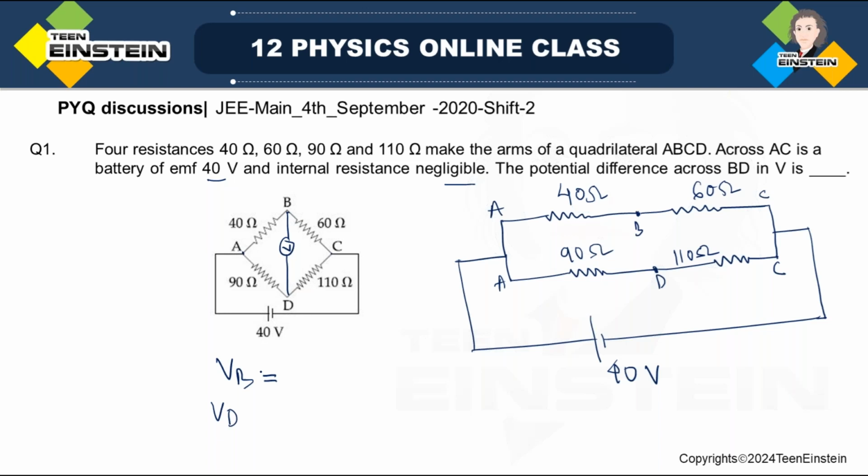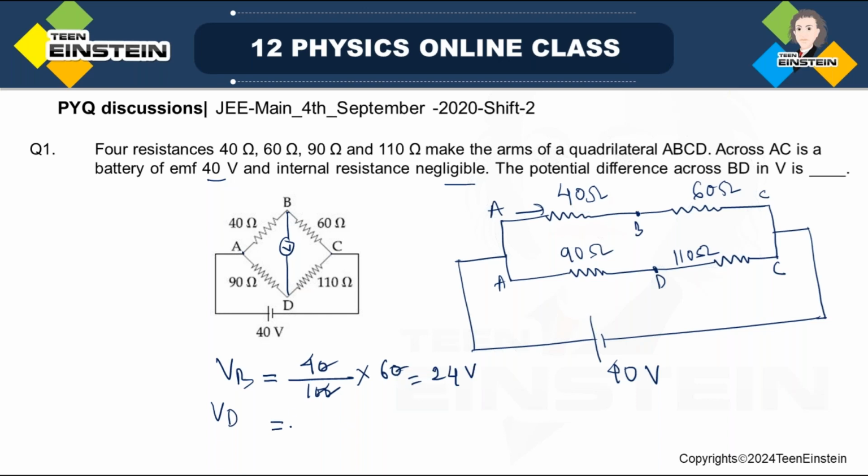So how to get that voltage? The total current will be 40 volt divided by 100, and the voltage across 60 is IR, so this will give you 24 volt.